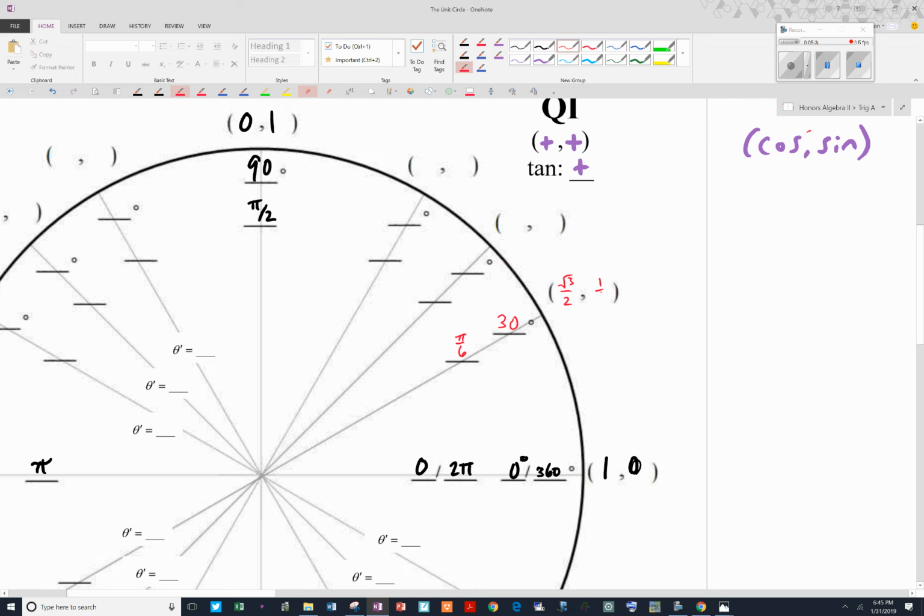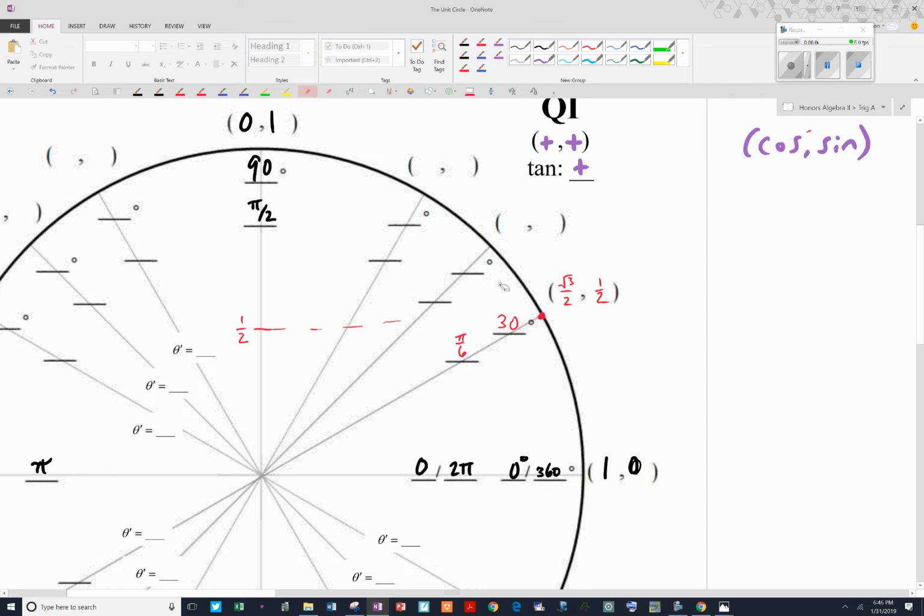Sine is 1/2. Okay, but this isn't just arbitrarily putting these values here. What I'd like you to notice is this point on the unit circle literally would have a y value of 1/2. So when we put this here, we're not just putting it there to memorize. It really does have a y value of 1/2 on the unit circle.